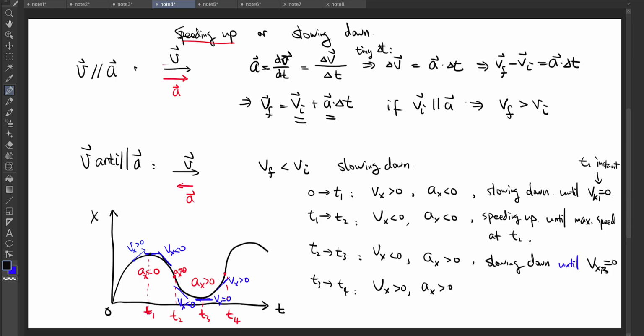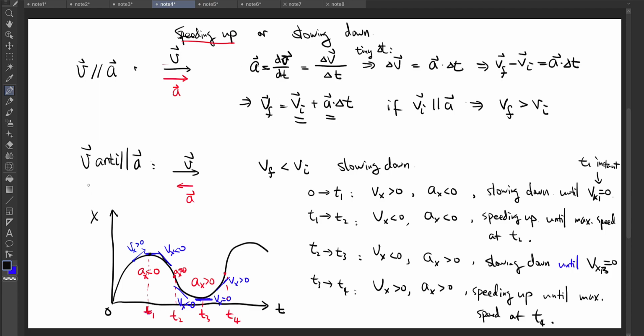Ax will also be positive, and then we have a speeding up situation again, until this transition point t4, until maximum speed at t4. Okay, so basically that's the meaning of the diagram.